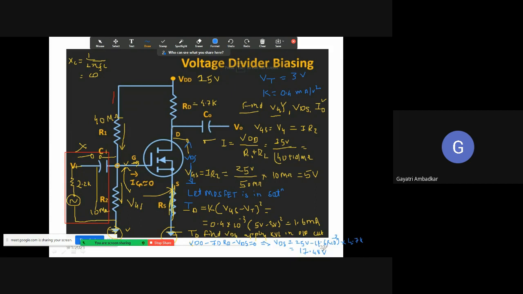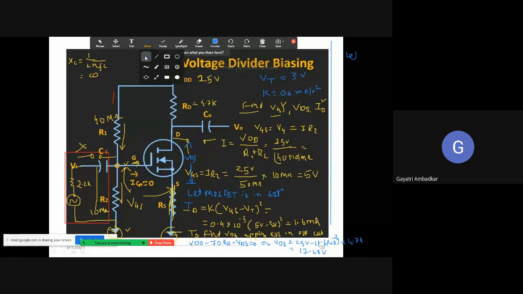Now tell me how to confirm that your assumption is correct. What to do? We have seen last time. How to check whether assumption is correct. By assuming that MOSFET is present in the saturation, we have calculated the things. Now we must ensure that our assumption is correct or not. So how you will check?